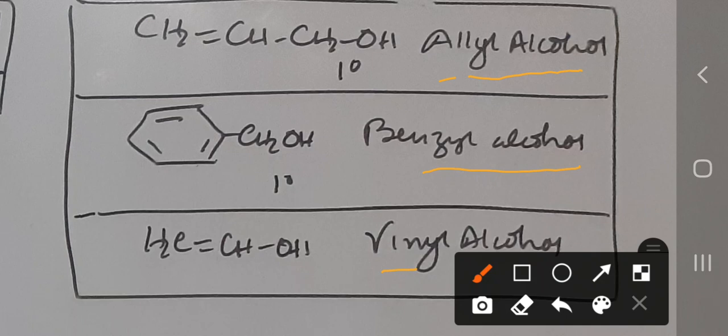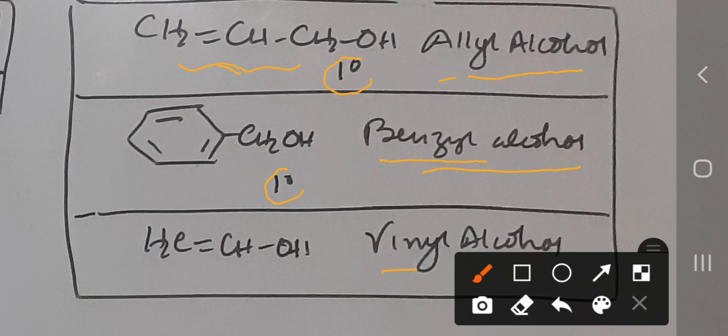This is the allyl part, and it is unsaturated because there is a double bond, and its degree is 1 degree. Why is it 1 degree? Because the OH group is attached to the CH2 part. In case of benzyl alcohol, again it is 1 degree because the OH group is attached to the CH2 part.